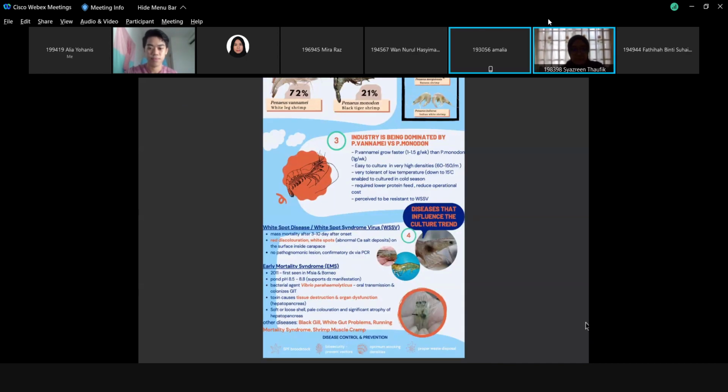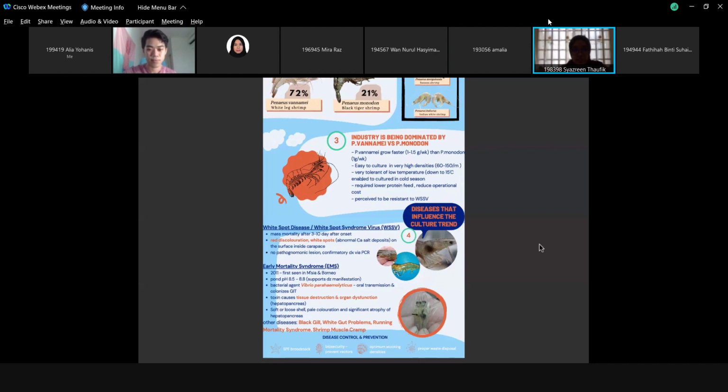As for the diseases that influence the culture trend, the first disease is white spot disease, also known as white spot syndrome virus. It can cause mass mortality 3 to 10 days after onset. We can see red discoloration and white spots due to abnormal calcium salt deposition on the inside surface of the carapace.